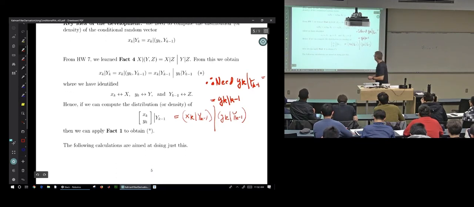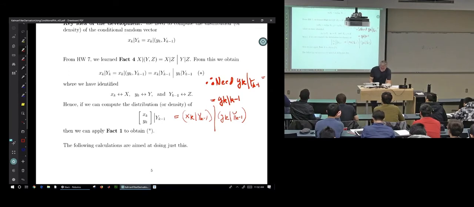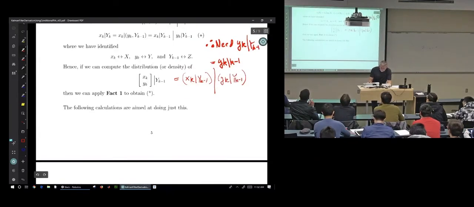So if I can compute the joint density of xk and yk, then life is good. They're not equal though, right? Yes, excuse me, you're right. I need the joint density.